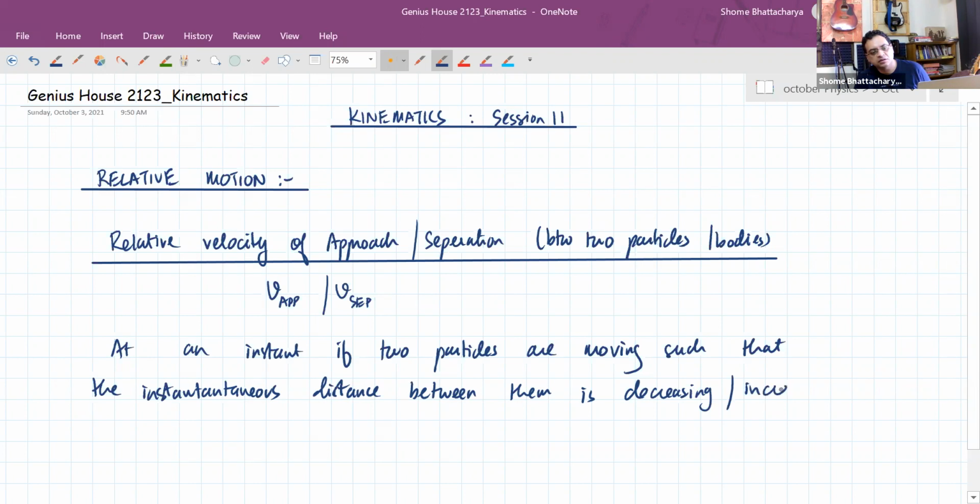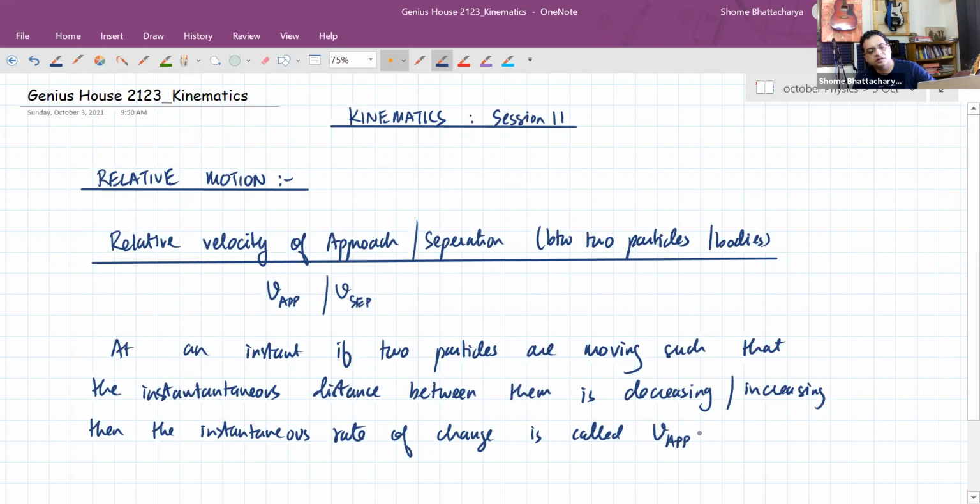If it is increasing, then we say they have a separation velocity. Then the instantaneous rate of change of this distance is called the approach velocity, which we can abbreviate as V approach, or the separation velocity.